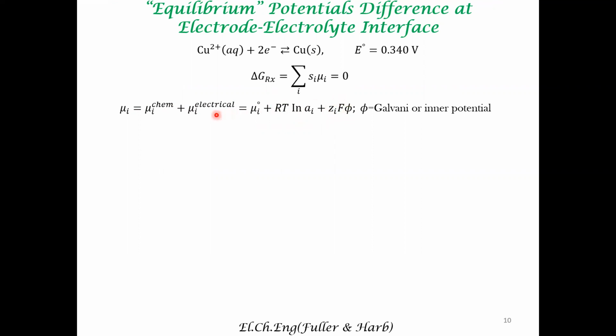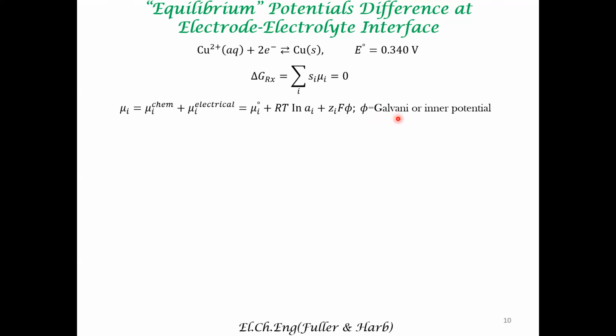This electrical component predominantly depends upon the charge state of Cu2 plus. The charge state is 2 plus, and this charged ion is present in a solution having a particular Galvani potential. Okay, so that's the way we define it.